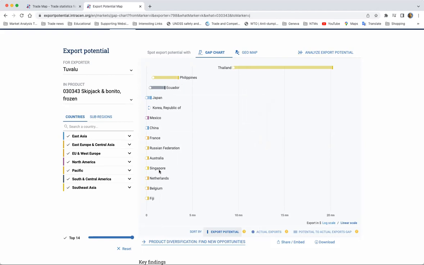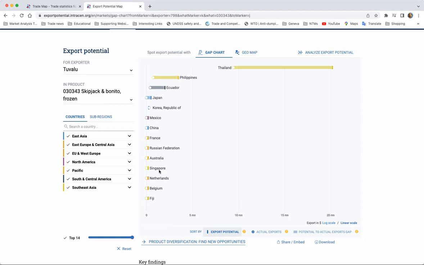And I like to keep the countries that I see here in mind, because sometimes these are not all the largest importers or our current largest destination markets, but there could be other reasons why these countries show up here. Maybe in general, Tuvalu already has a good trade relationship with these countries for other products, but not yet for this specific fish.